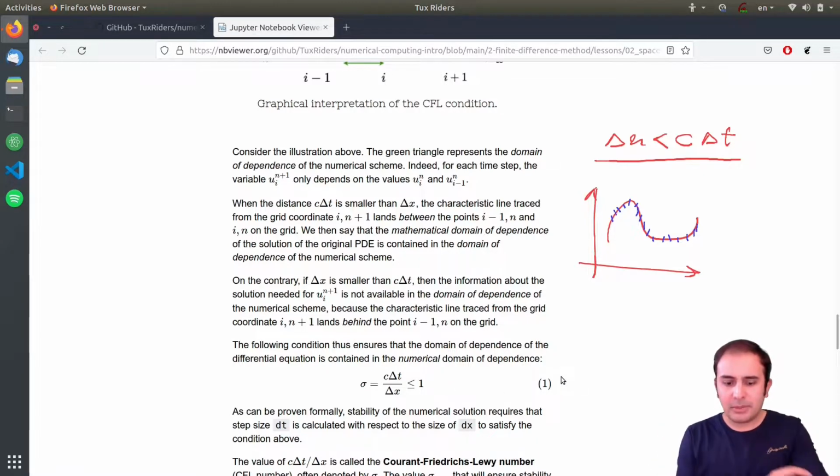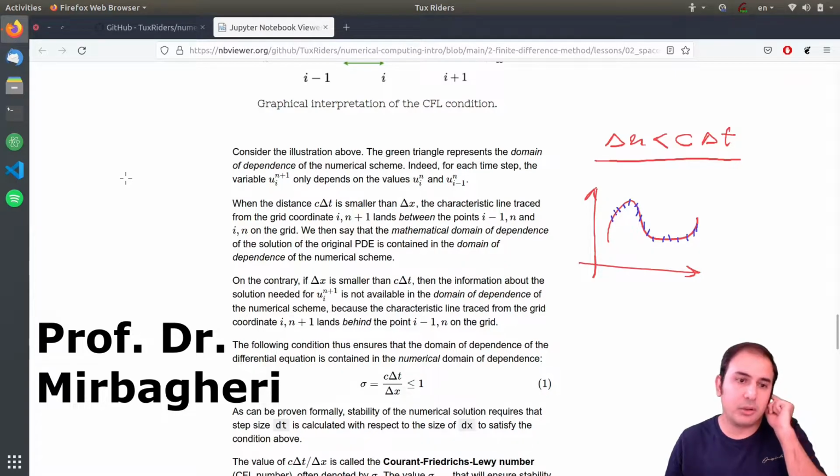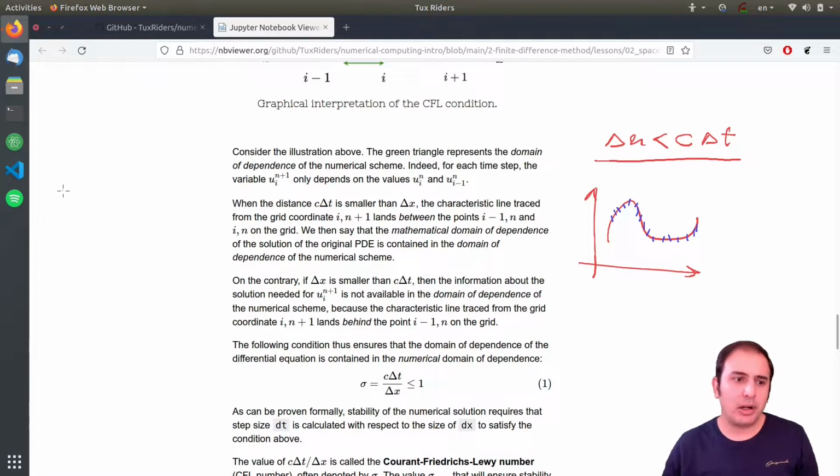But the thing that you should notice is something that my first teacher on numerical computing, the guy who taught me computational fluid dynamics, taught me. This is his interpretation of the problem. Assume that we have a particle here that we want to see how it moves along the x-axis. Along the x-axis, we have discretized the space into, for example, a couple of grid points. So here, here, and here.